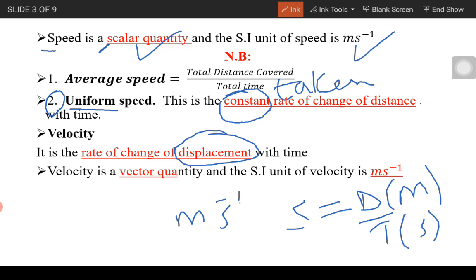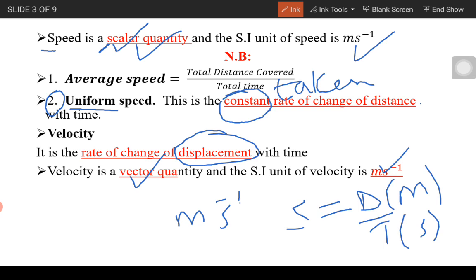Velocity is a vector quantity. Of course, I have already talked about it, that speed is a scalar quantity, then velocity is a vector quantity, but it has the same unit as speed. In fact, these words can be used interchangeably.